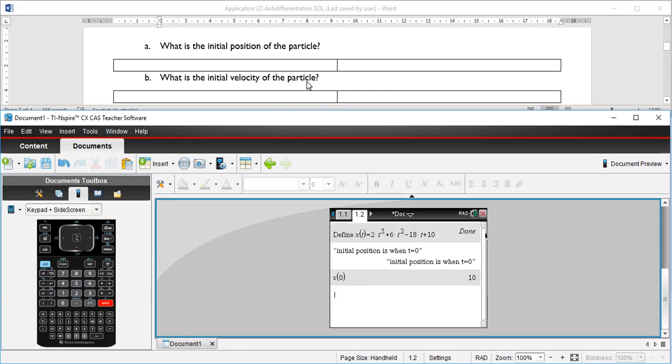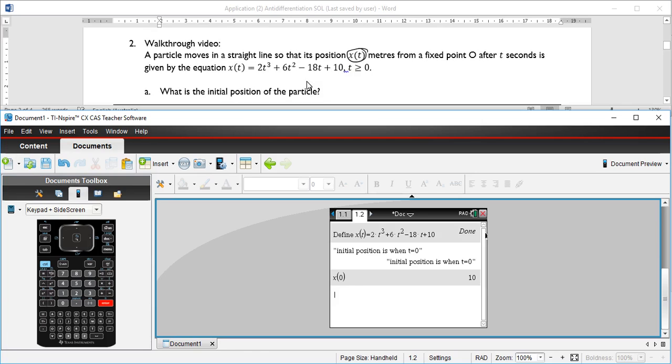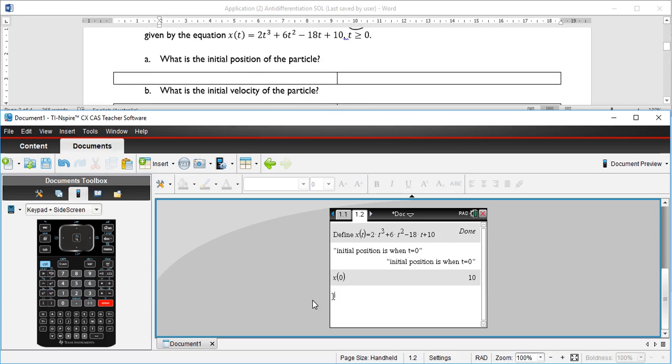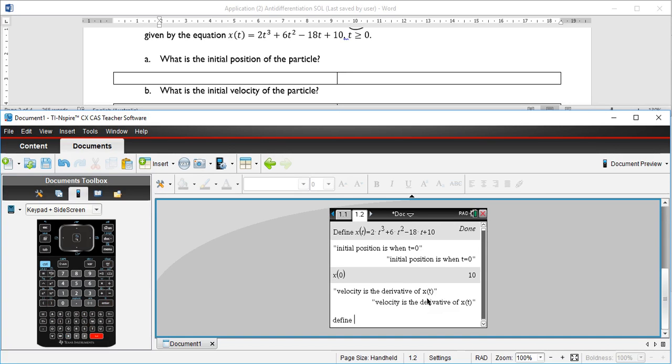Now, to find the initial velocity, you need to first of all find velocity. Velocity is the derivative of x of t, so we're going to define v of t.